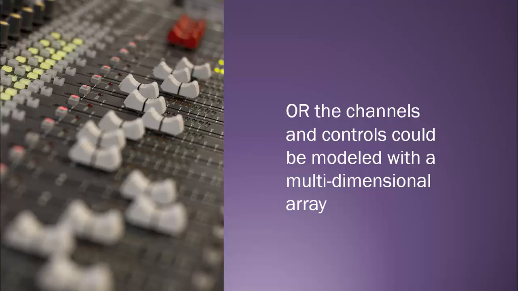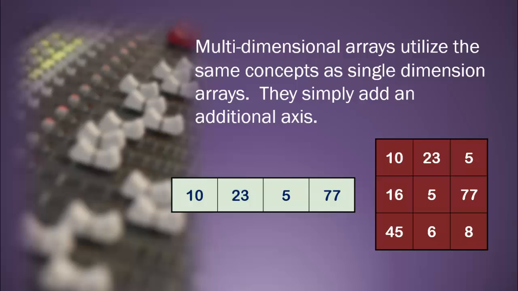And in a data modeling situation, that makes it an ideal situation in which to use a multi-dimensional array. A multi-dimensional array is really just an expansion on what you already know about single dimension arrays.